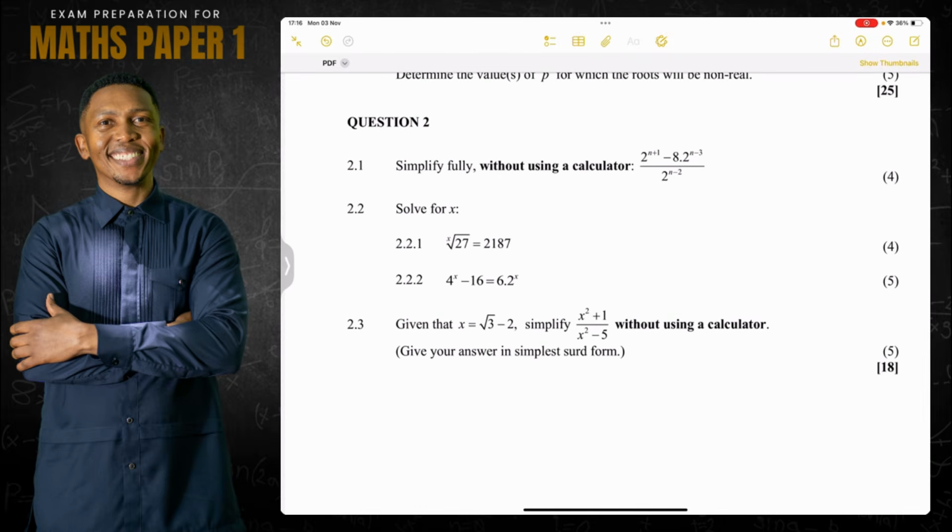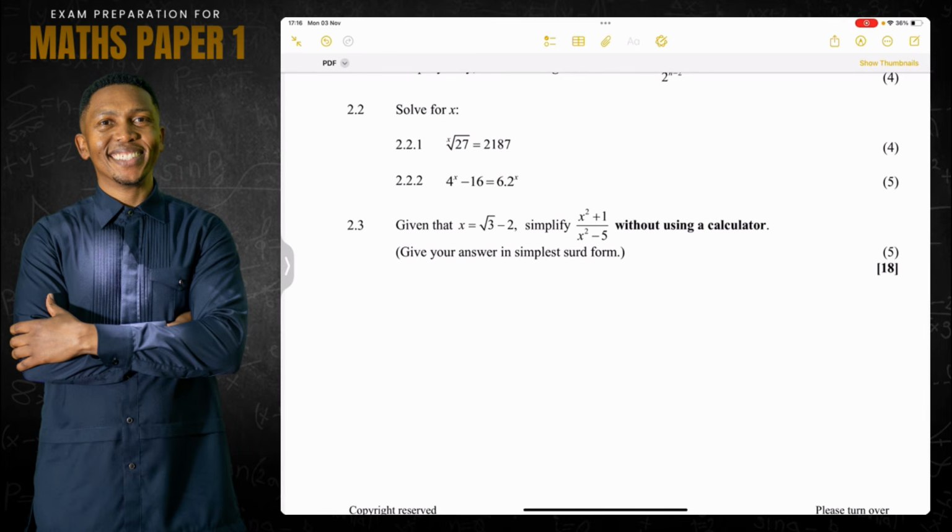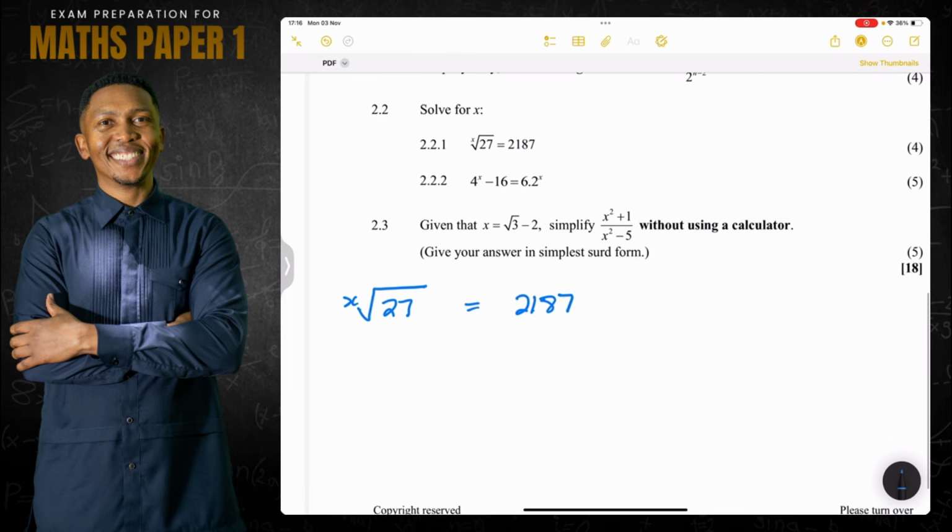So now we're trying to solve for x. We've got the x root of 27 is equal to 2187. So, ladies and gents, how are we going to solve this?